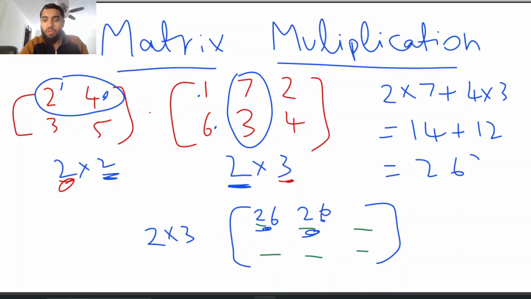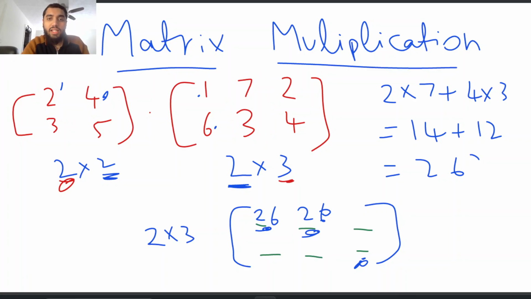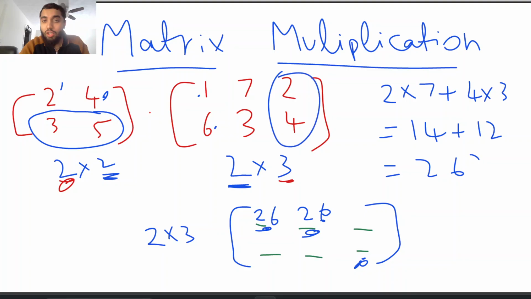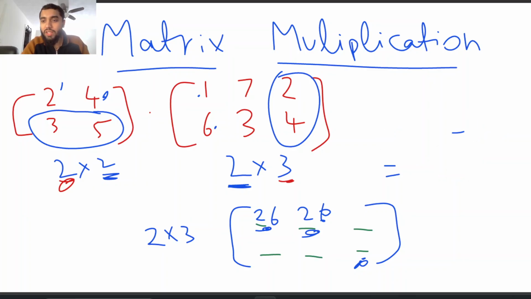Let's do one more. We look at this one, the last one. That would be the second row, third column. To get the value of that, you take the second row of the first matrix and the third column of the second matrix, and you do the dot product of them together. That's the multiply and add part.